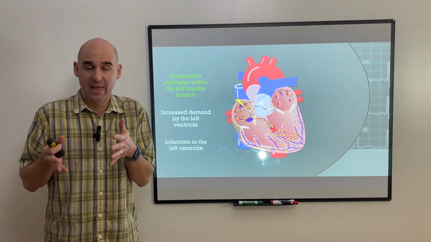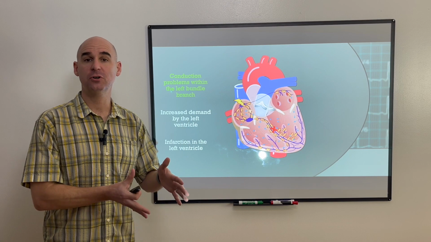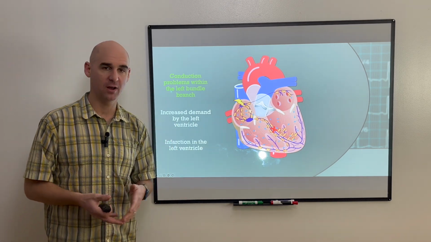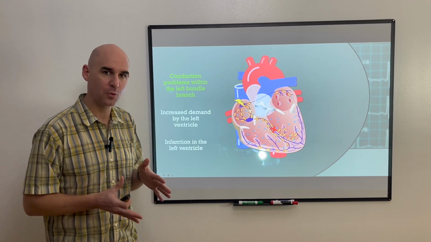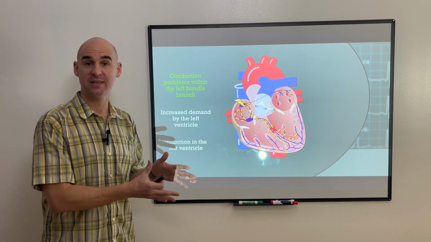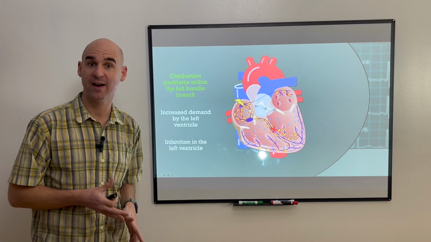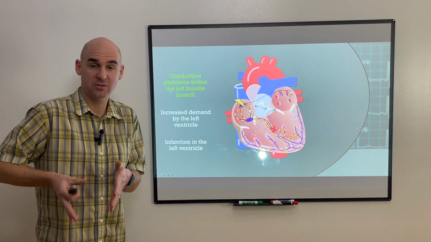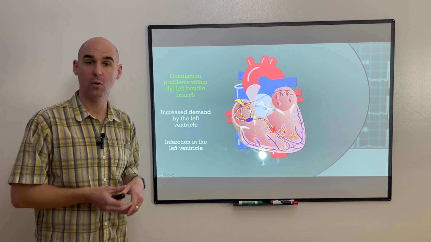And again, axis is all about the average direction that depolarization is happening. And we can see on here via these little yellow arrows that kind of represents that average direction that's happening as each cell is firing off in that way.